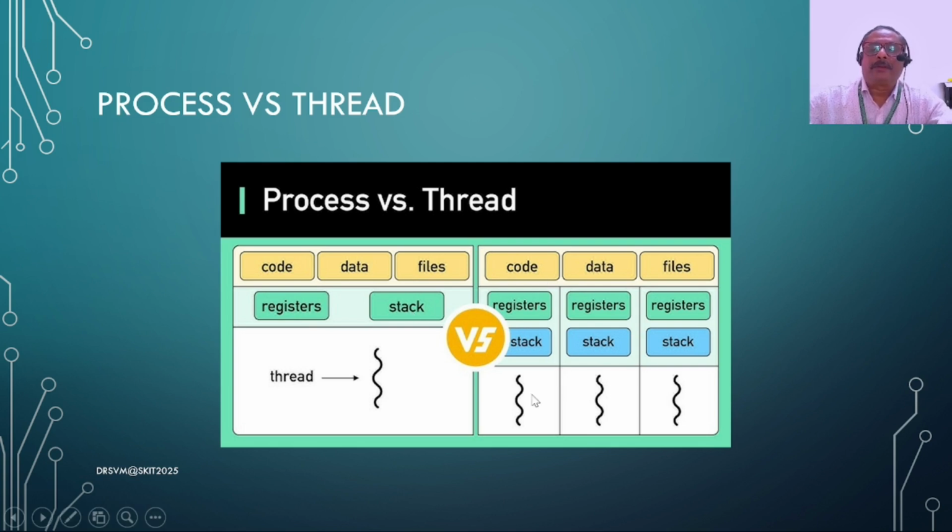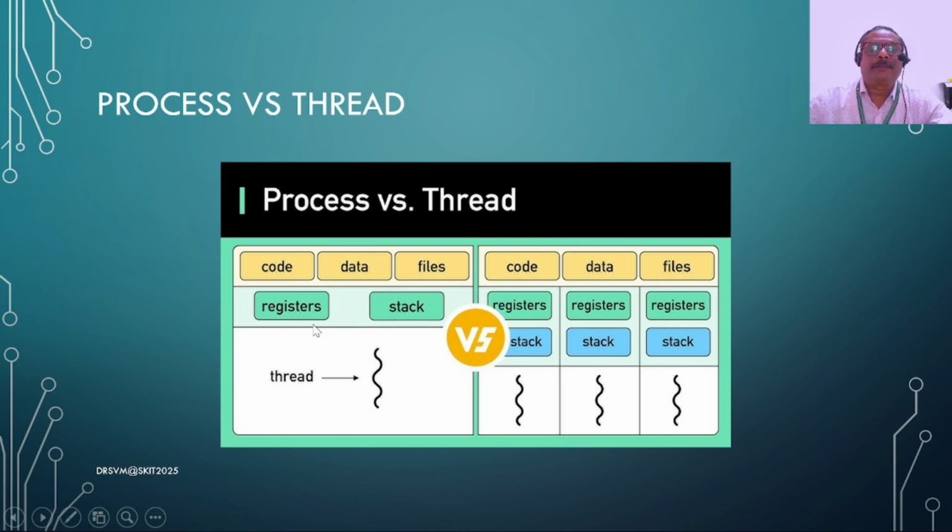Whereas with multiple threads in a process, there is one code, one data, one file set. The memory allocated for the code is only one, and the same memory is used by all the threads. The data is commonly used by all the threads, so that is what we call shared memory. The files opened and all the operations on the files are commonly used by all the threads. So that's the difference between multiple processes and multiple threads.